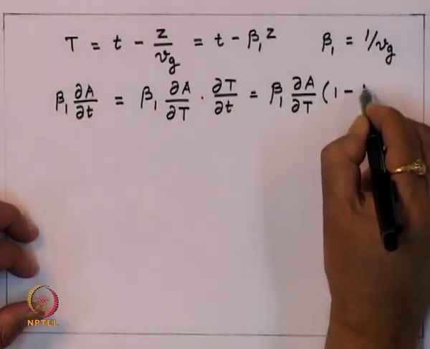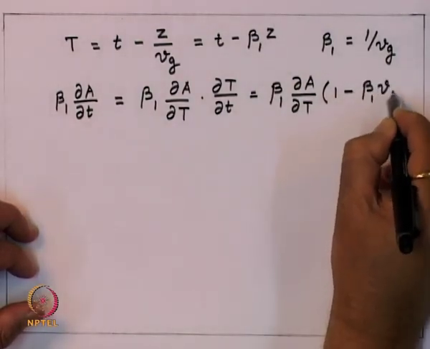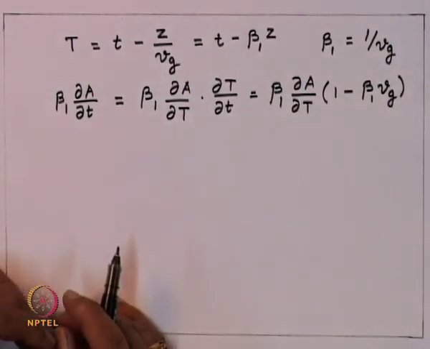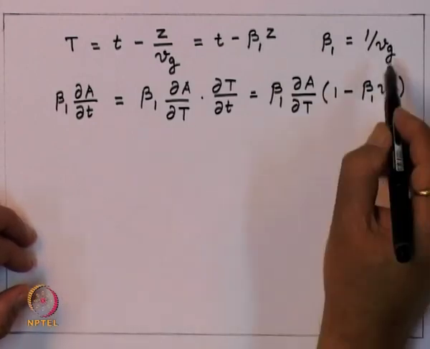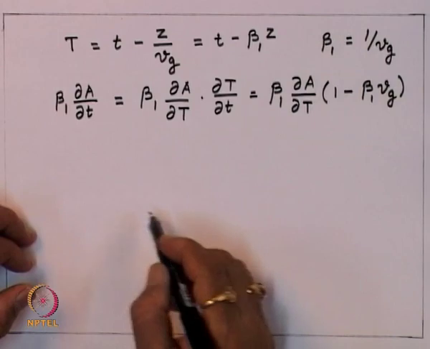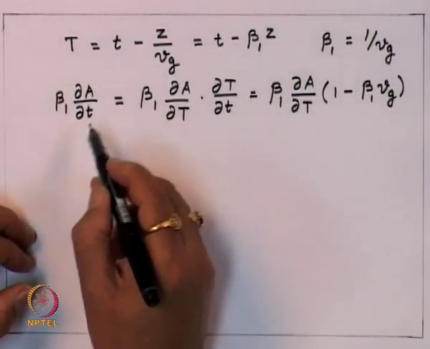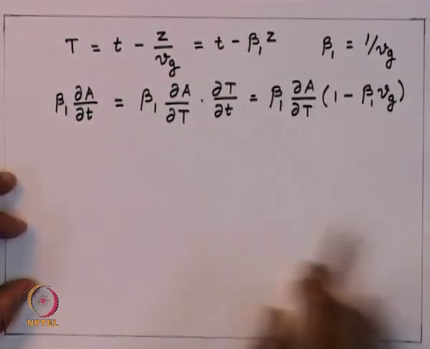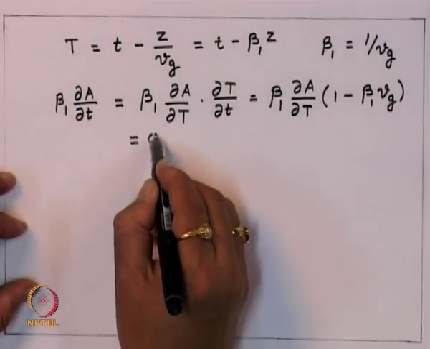So, you got here beta 1 times V g. But beta 1 times V g is equal to 1. So, this quantity 1 minus 1 is 0. That means, if I take this equation in the new time frame, which is this capital T, this quantity will be equal to 0.